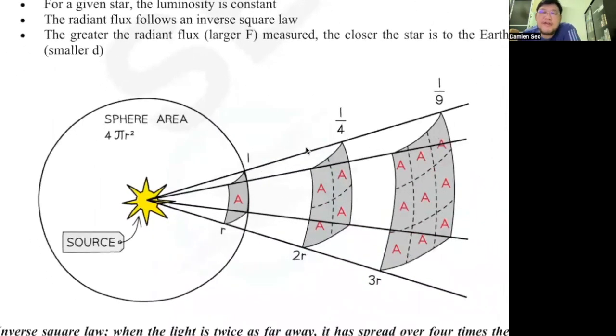That one, okay, no problem. From this diagram, you will see that the further away you are from the star, the smaller the intensity you will receive. If you are on Mercury, because Mercury is the closest planet to the sun, it will have the greatest intensity. So what is the temperature at Mercury?